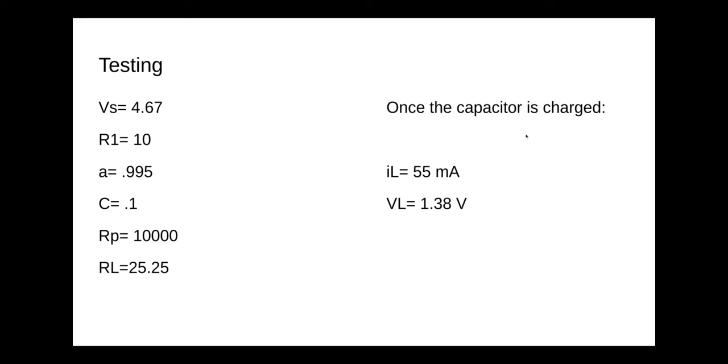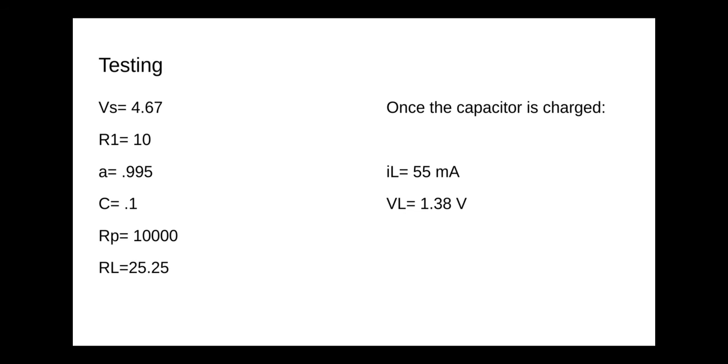For my testing, I found the values of the voltage in the batteries as well as the resistance across the LED. For my potentiometer, for the value of A, I used a value where it would be the least resistance of current going to the LED, and the values for R1, RP, and C were fixed.